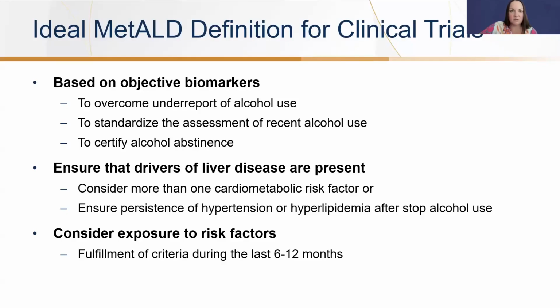So using the PEth test to quantify or make objective how much your patient drinks is beneficial. We want to be sure, like in the previous slides, we saw how patients' blood pressures and heart rates increased with alcohol consumption, as well as the triglyceride levels.